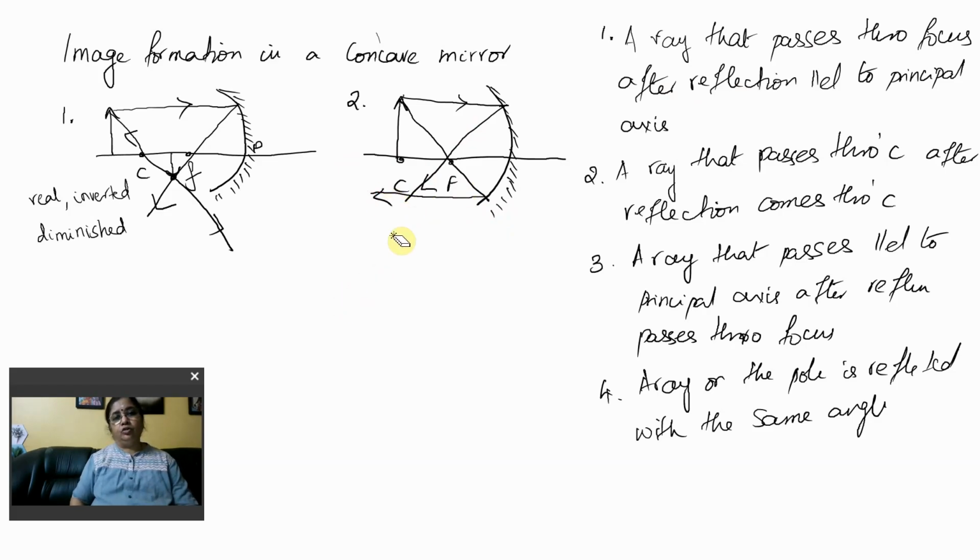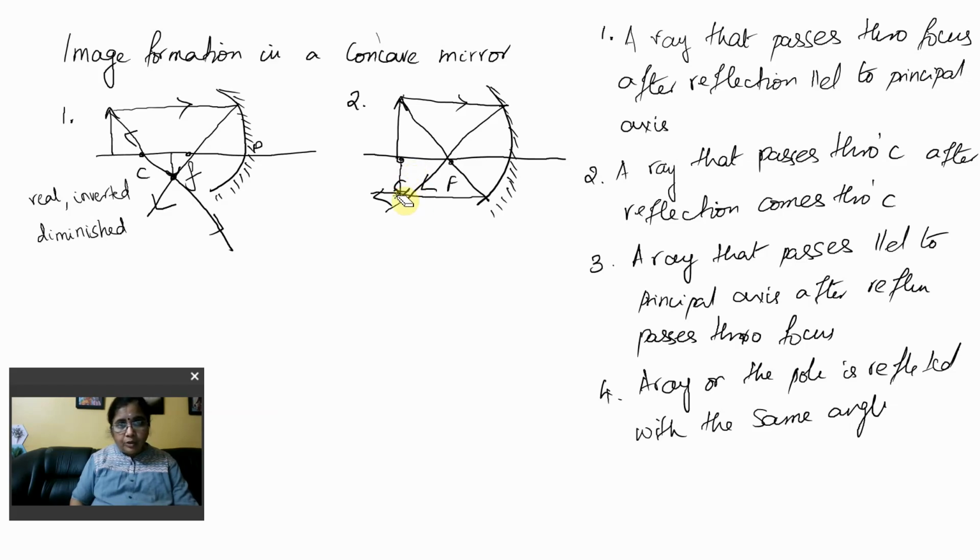So what is happening here? A ray from my object falling on this is reflected back through the focus. A ray that was passing through the focus is reflected back. So you may not get an exact figure. Actually, this will be my image.